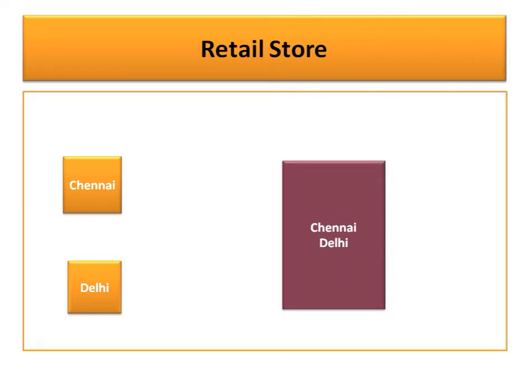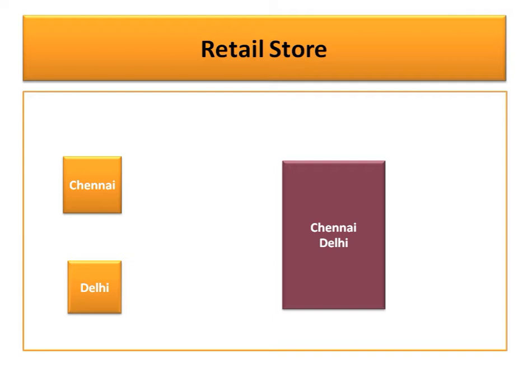So to generate a combined locations report, what is the basic need? We need to have both locations' data in a single repository or single place.